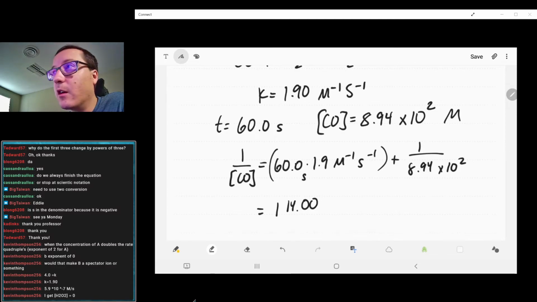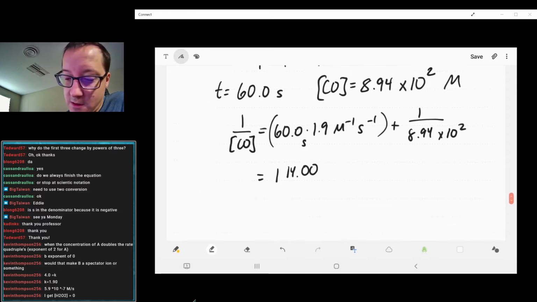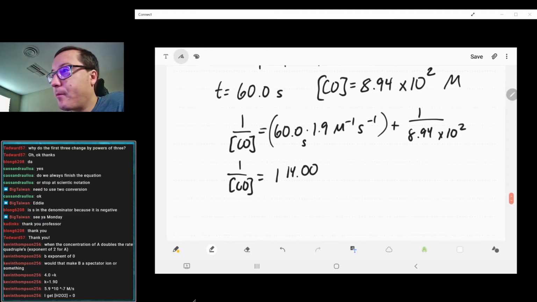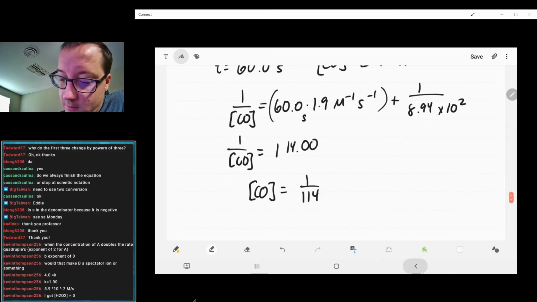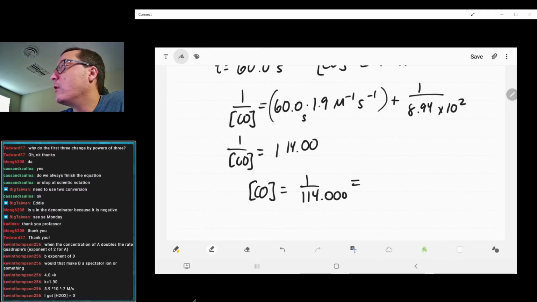Probably, again, our concentration term is going to be really small, but who cares? Doing this, we're going to get CO is going to be 1 over 114, however many zeros we had. We can do that. Just invert it.